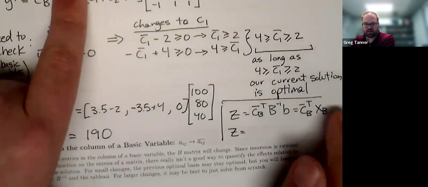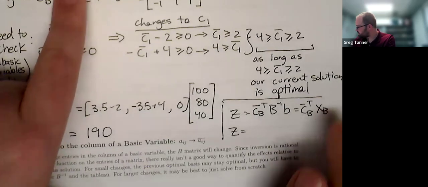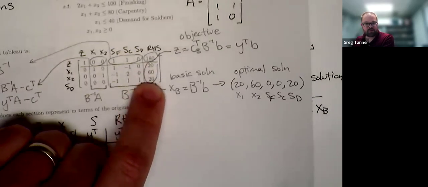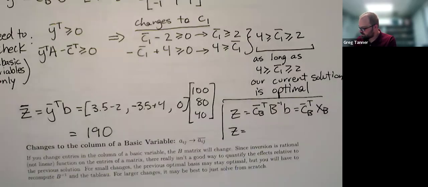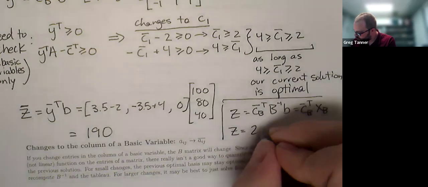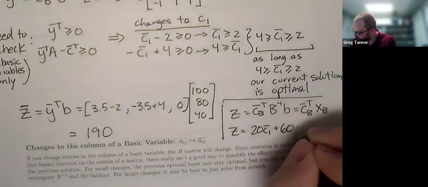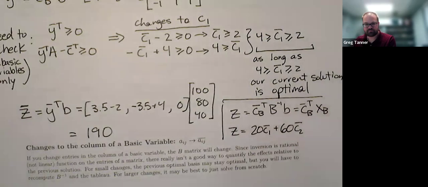Up here, XB currently is this column here, 20, 60, 20. And so it's going to be 20 times C1 bar plus 60 times C2 bar.